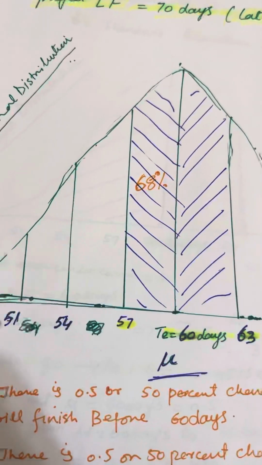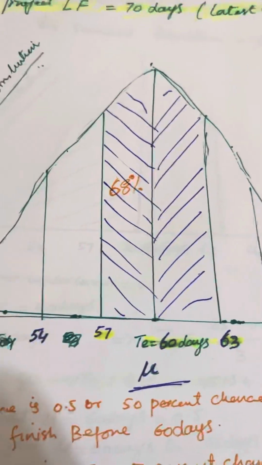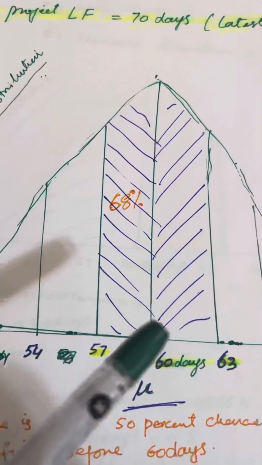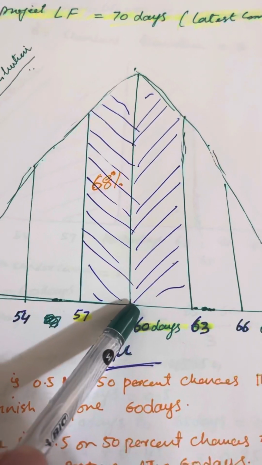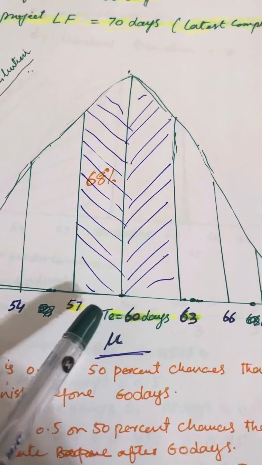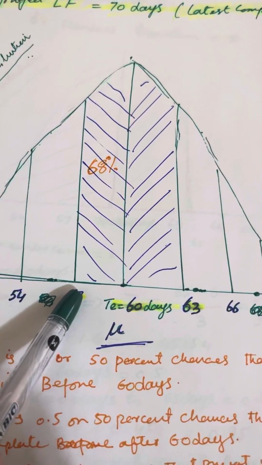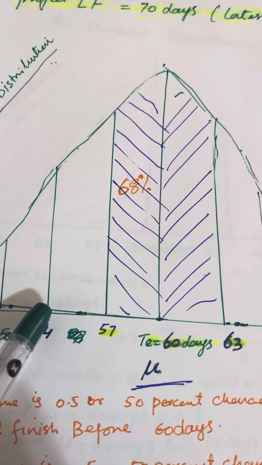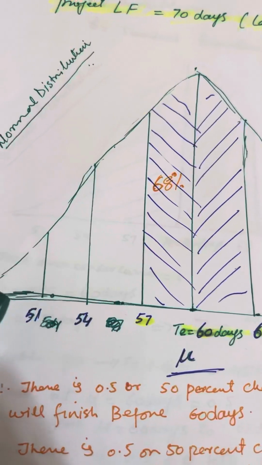This is usually very important for understanding this. It is sometimes confusing, but let me first explain this one. From 60 minus 3 is 57, so that's the negative standard deviation, and then from 57 minus 3 is 54, that's the second standard deviation, and the third one is 51.